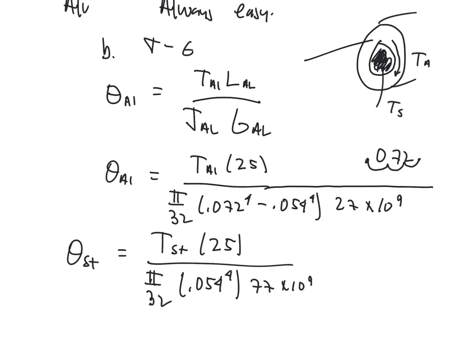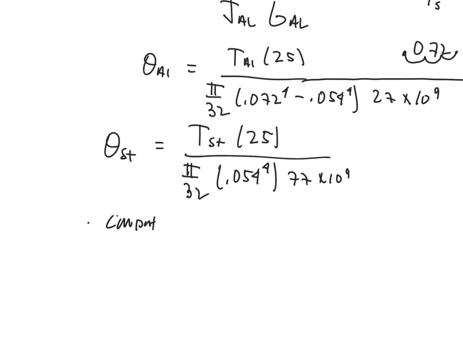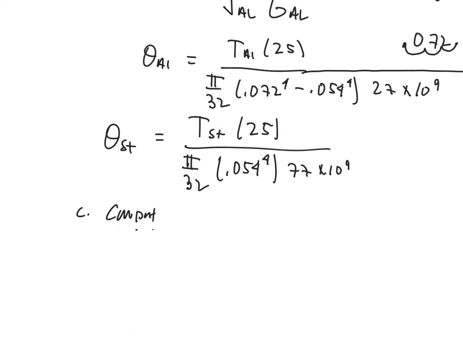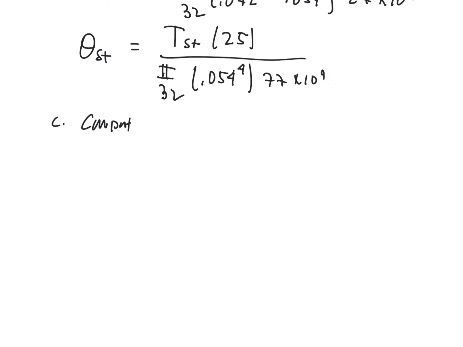All right, so the next thing we've got to do is our last remaining tool of structural mechanics, and that's going to be compatibility. Compatibility, I guess we should call that letter C. Think about that for a second. That says that theta of the aluminum is equal to theta of the steel.